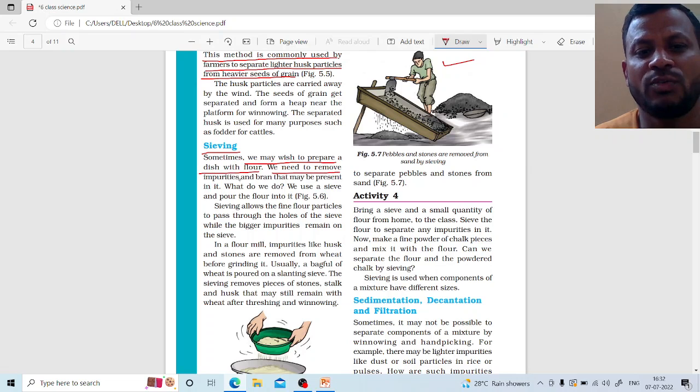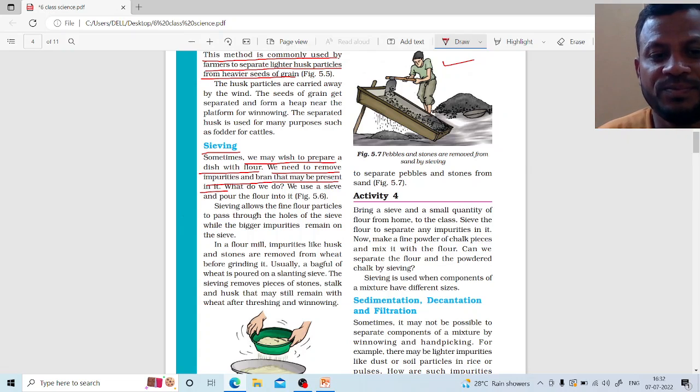We need to remove the impurities, such as bran, that may be present in it. It means we remove the waste products or the bran from the wheat flour or the ragi flour or the jowar flour by using the sieving instrument.